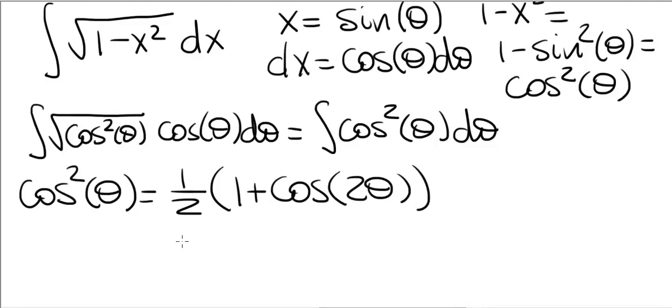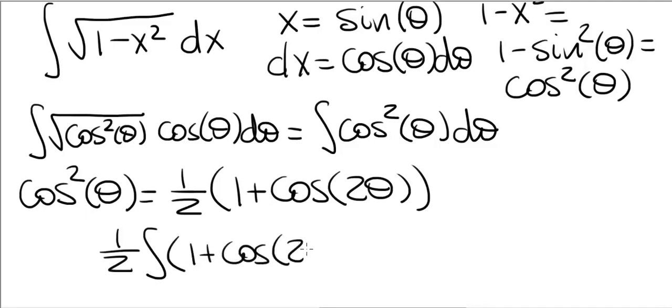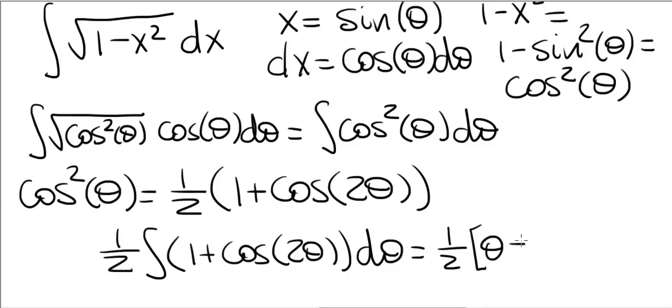So the integral becomes 1/2 times the integral of 1 plus cosine of 2 theta d theta, and that of course is 1/2 times theta plus 1/2 times sine of 2 theta.